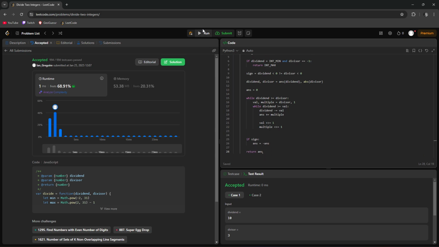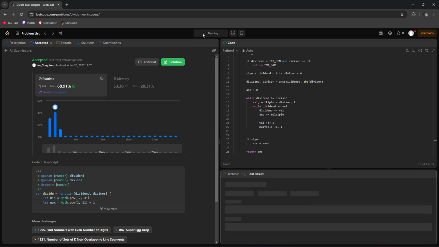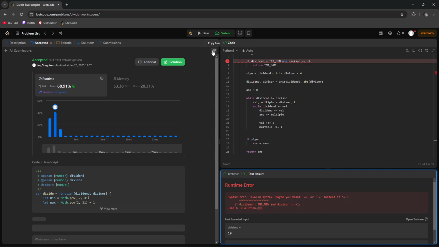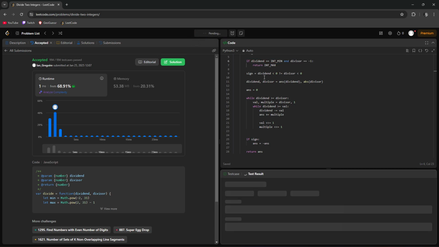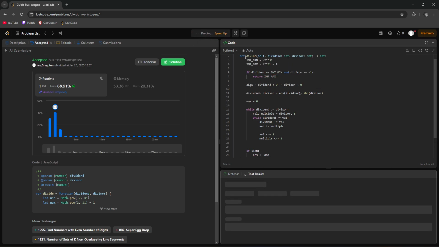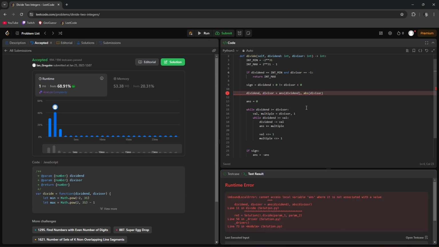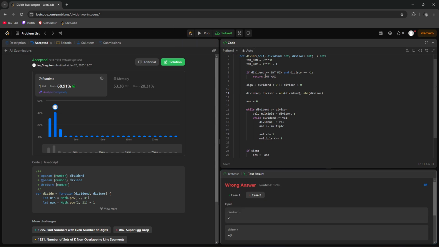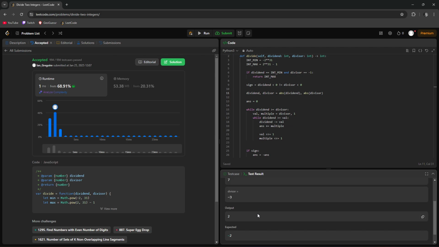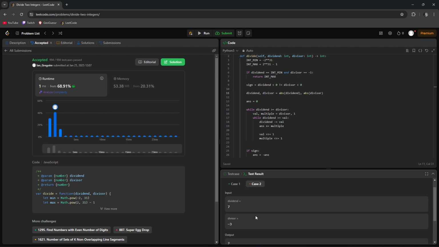Return ans. Yeah, we need 2 equal signs here. Typed absolute incorrectly. Oh my gosh, big typos. Output 2, expected minus 2.